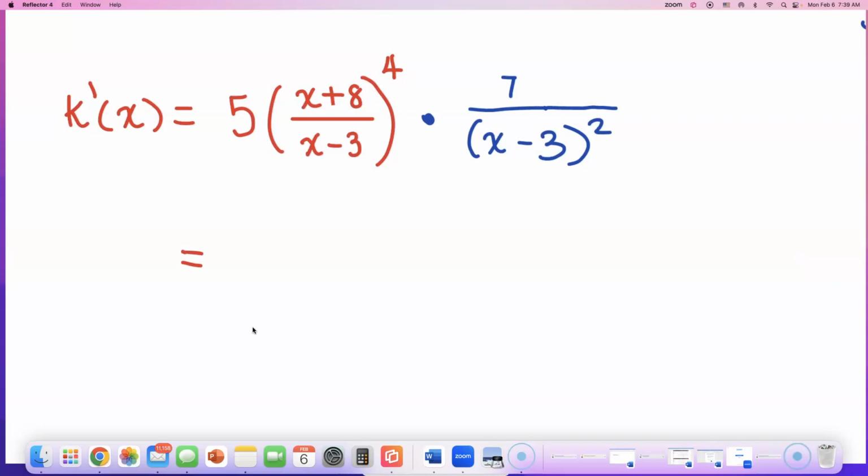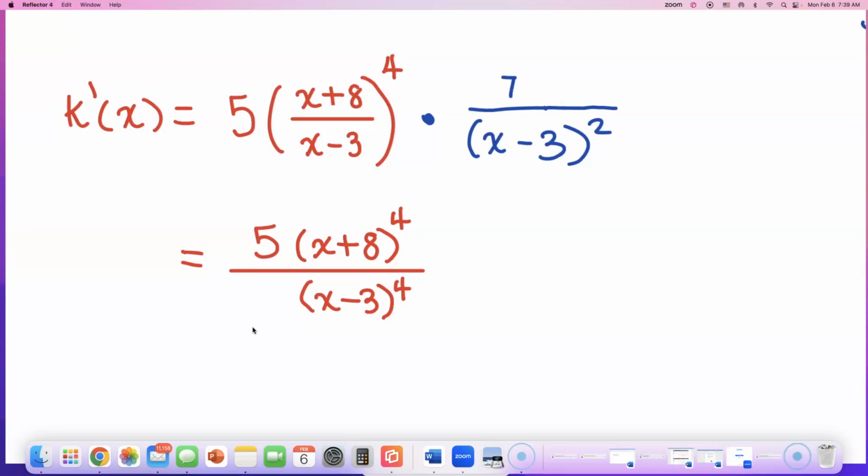Take a look. Make that fraction, that red fraction, into x plus 8 raised to the 4th power over x minus 3 raised to the 4th power, okay? What's still in front of that red fraction? That number 5, right? Put that on top, okay? Same thing, just written in different form, right?